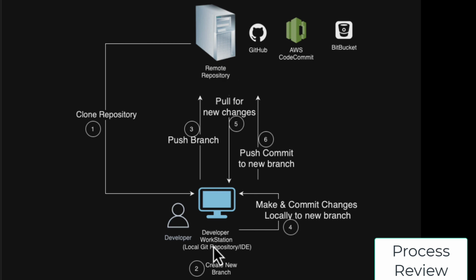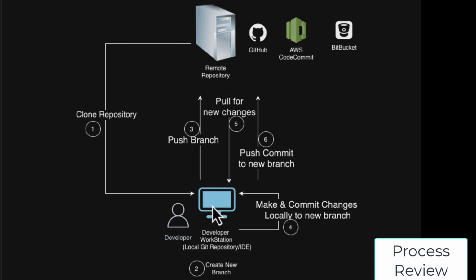If you are creating the repository the first time from your local workstation, then you need to use git init to initialize the repository and then push it back to the remote. But let's say if you want to make a copy of an existing repository which is present on remote to your local workstation, then use git clone.